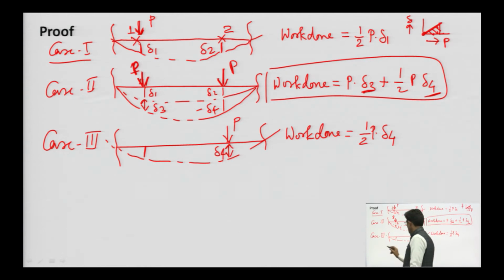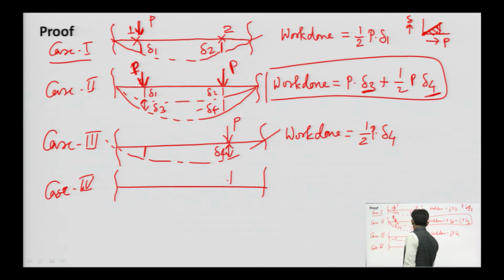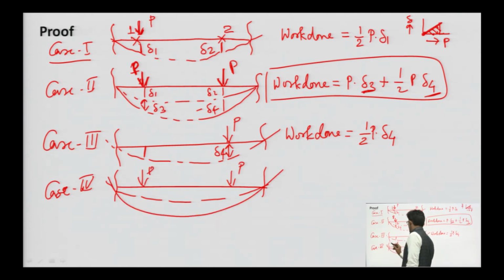Now, case 4. P is acting here, initially P is acting here, then apply force P here. So, now it is del 4, and what will be the ordinate of this?